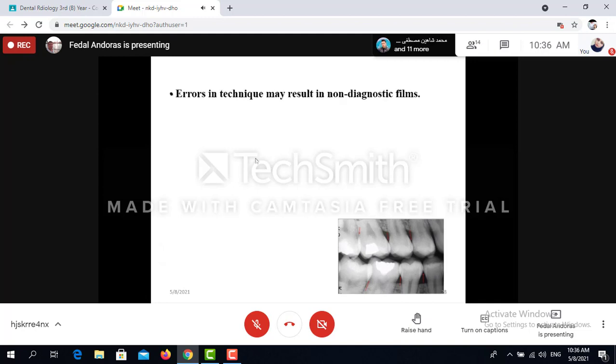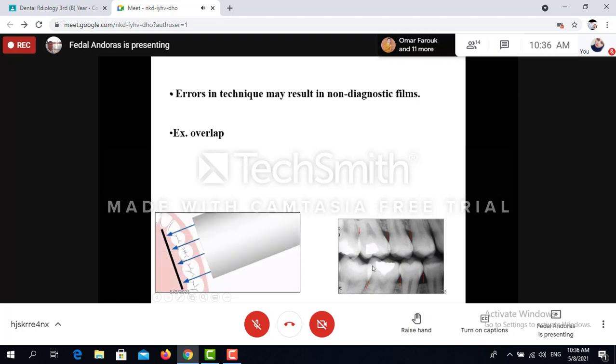For example, in the bitewing, the enemy of the bitewing is overlap, when you do not get a nice horizontal angulation. So it's always recommended that the horizontal x-ray goes between the contact area, so you will get separated contacts like this area, but not like this one.